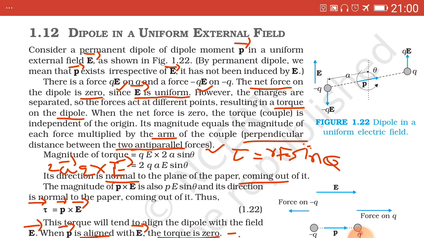Both the forces are acting in opposite directions and of the same magnitude. Hence, the net force on the dipole is 0, because QE plus minus QE equals 0, since E is uniform.